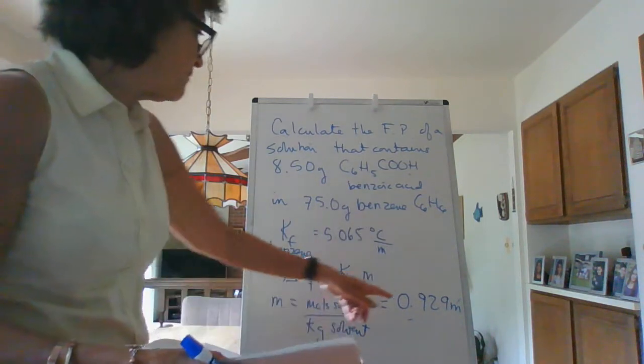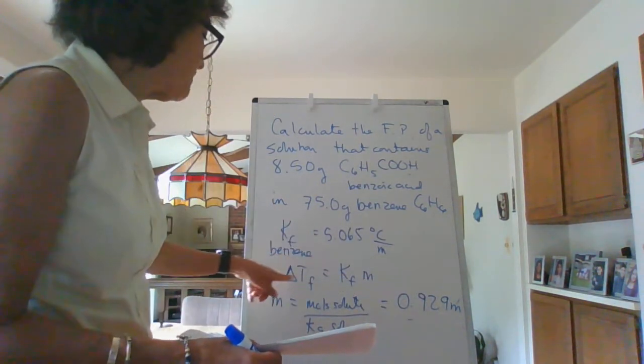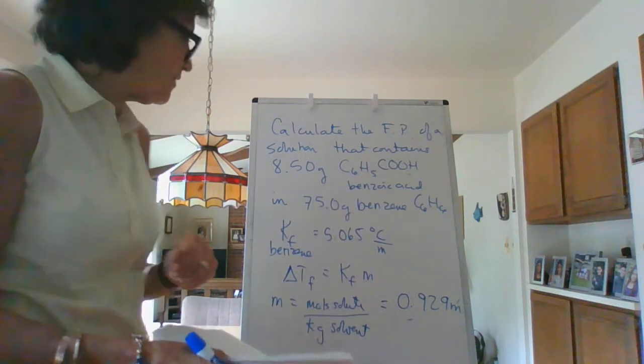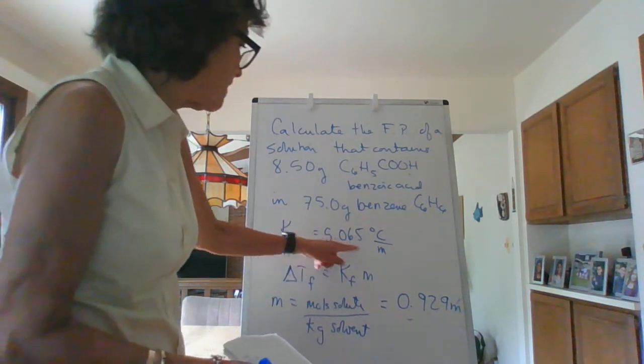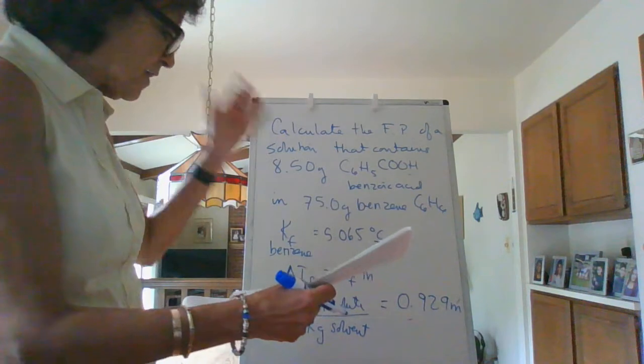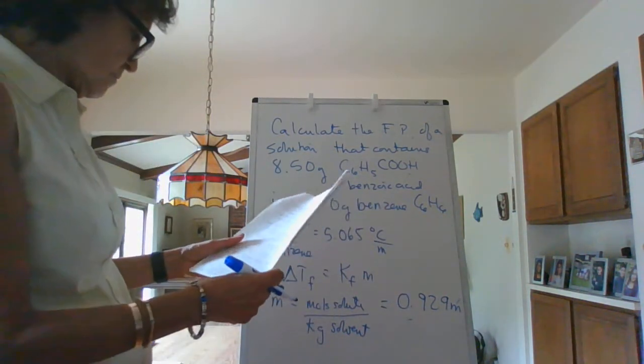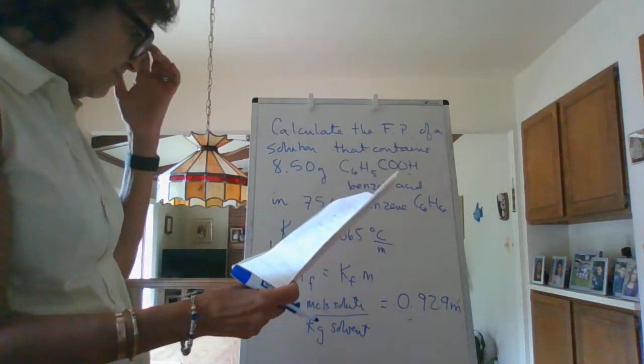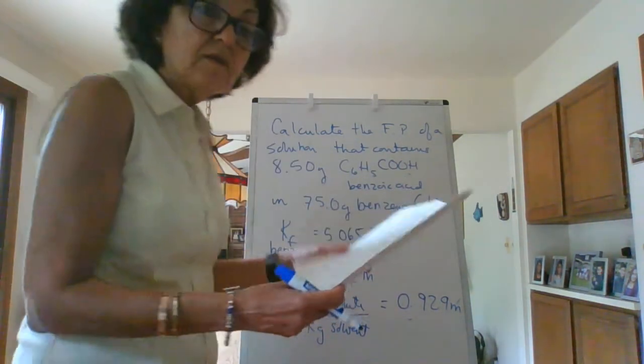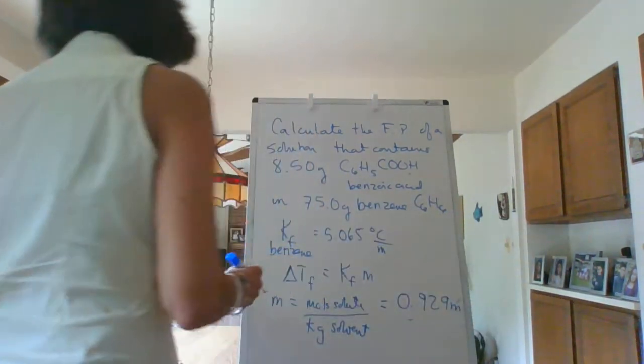Okay, so we have the molality, we have the Kf, we can get the delta Tf. Delta Tf is Kf times molality. If you take this and multiply it by this, let me get my calculator because I did not do the math here.